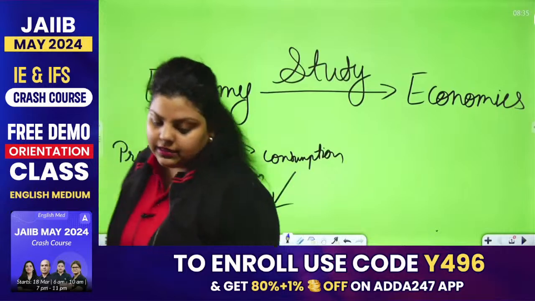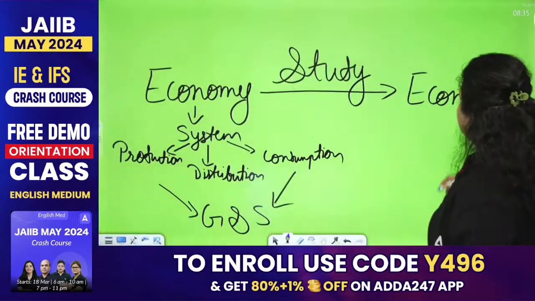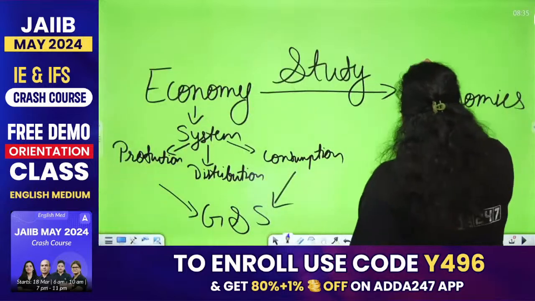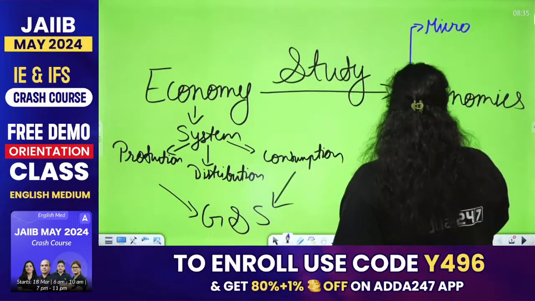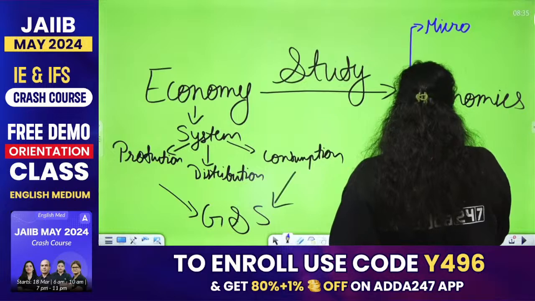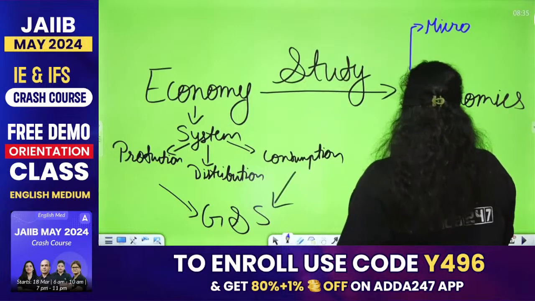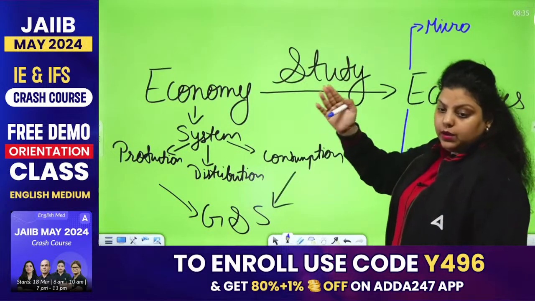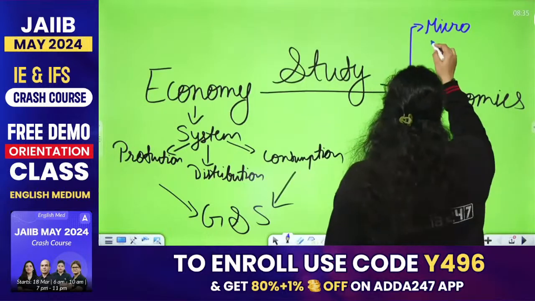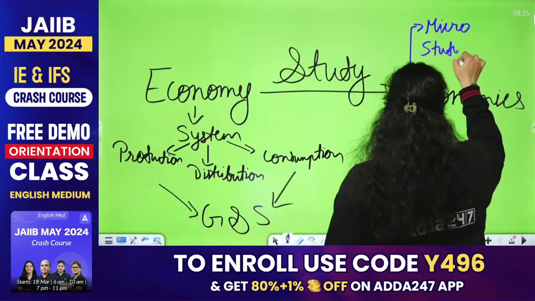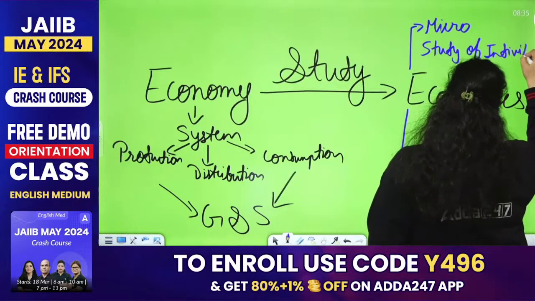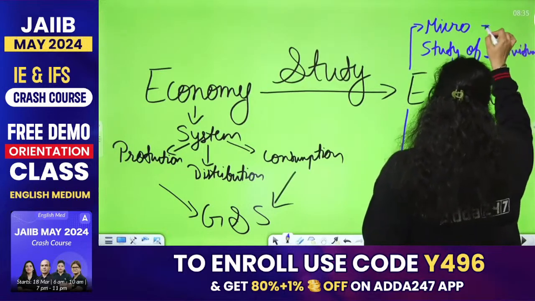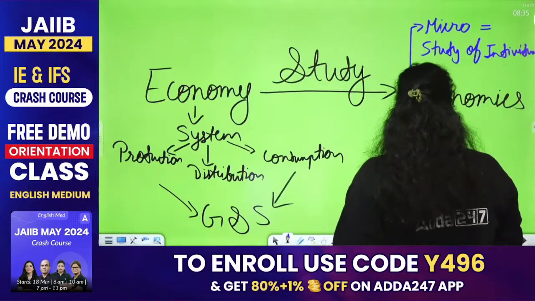Now, the next thing is that economics is divided into 2 branches. The first is microeconomics and the second is macroeconomics. Microeconomics is the study of the individual. When you study the individual, that is microeconomics.